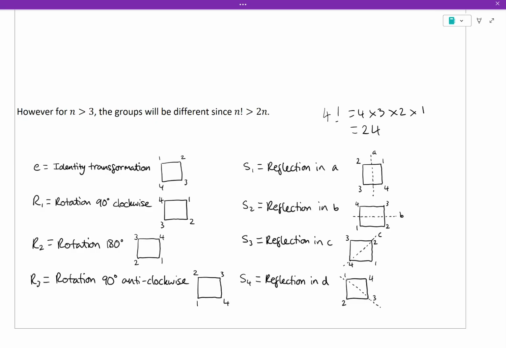So there'd be 24 elements in S4. However, you can see D4 written down here, and there are only 8 elements. So these groups would not be isomorphic, they would clearly be different because they have a different number of elements. And the reason this is the case is because n factorial will always be greater than 2n if n is greater than 3. That's something you can prove by induction.